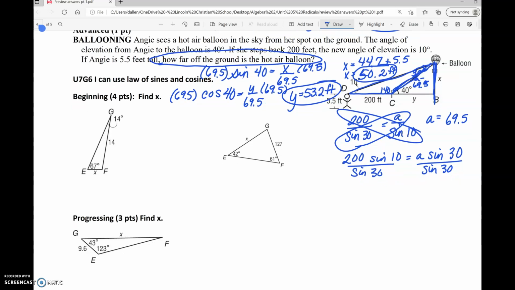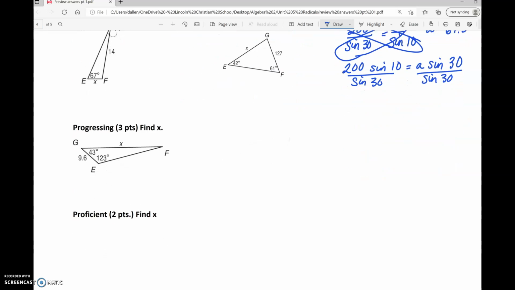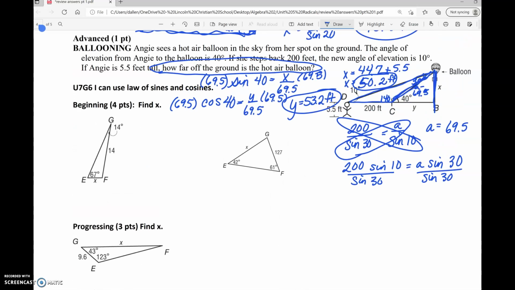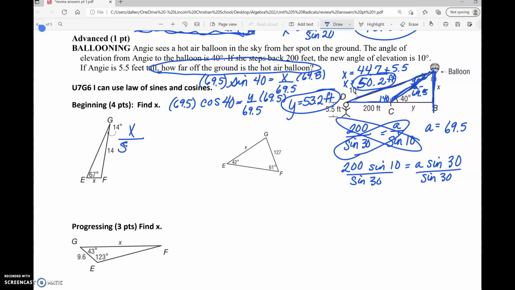Anytime I have two angles, it's going to be law of sines, and anytime I have one angle or less, it's going to be cosines. So here, I'm going to do sine 14. Oops, I should do the opposite side, sorry. Opposite of 14 is x, so x over sine 14 equals 14 over sine 67.